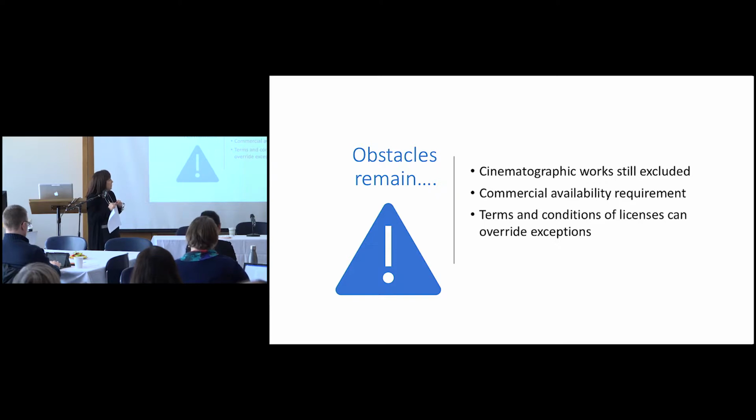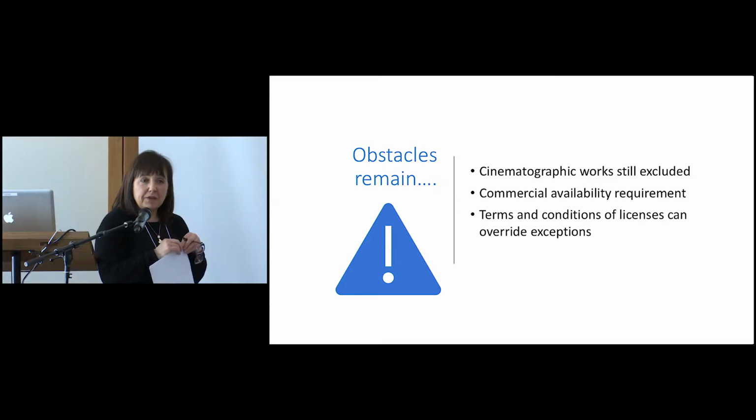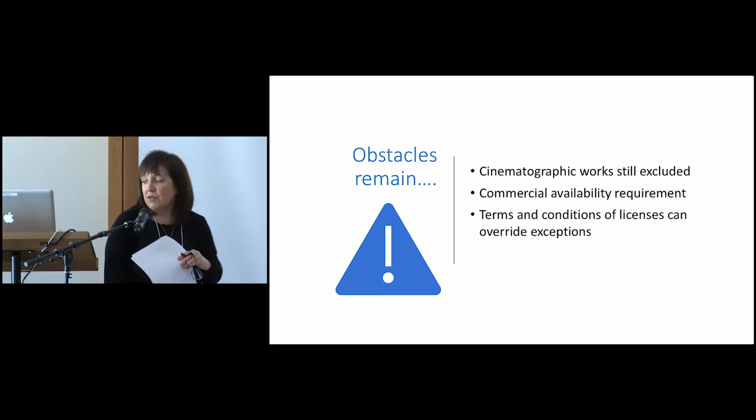And the other thing that I haven't mentioned yet, but I think is a cause for concern for anyone making accessible copies, is that often the terms and conditions of licenses that libraries have with vendors of content will prohibit the making of accessible format copies, or else, if they don't prohibit it, they are more restrictive than is allowed under the law. So that is a bit of a problem. And one of the things that I'll talk about in a minute is the ways in which the Copyright Act review has taken on some of these issues.